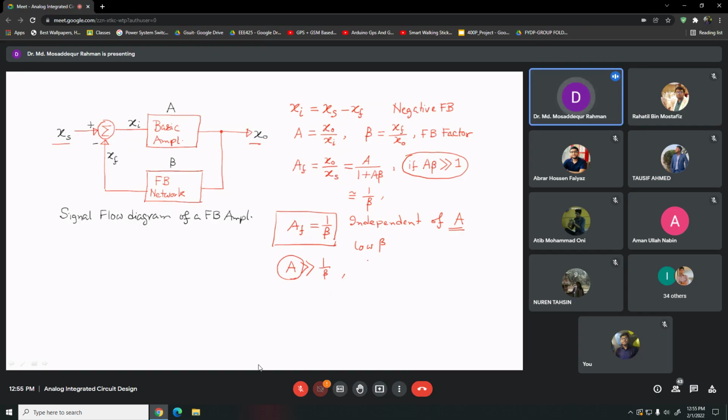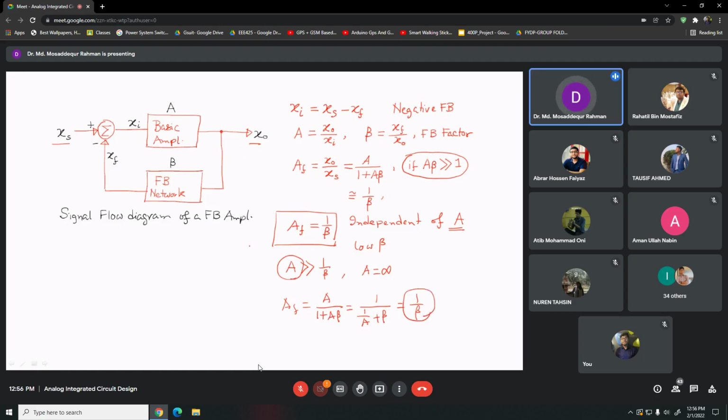So in the ideal condition, if your gain is infinite, right, then AF will be, this is the actual expression, and if you divide by A, you end up with this expression plus beta. In the ideal situation, A is infinite, so this reduces to 1 over beta.